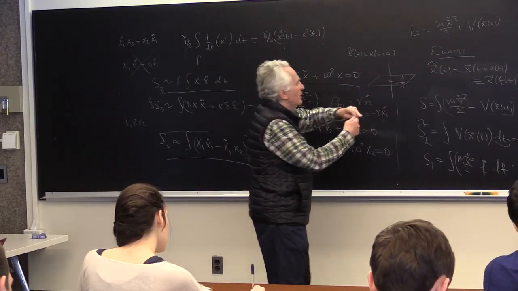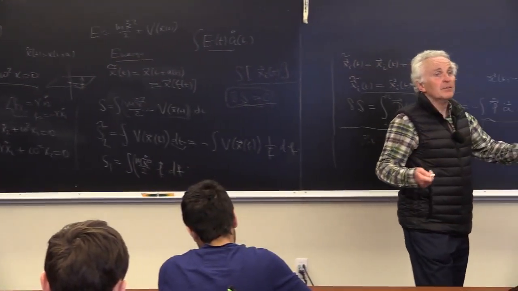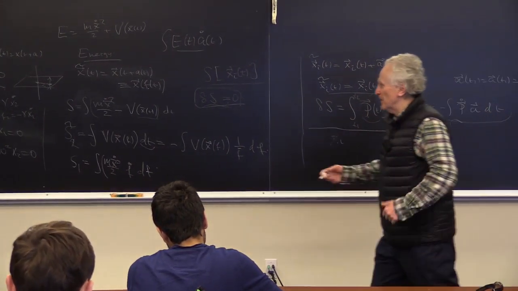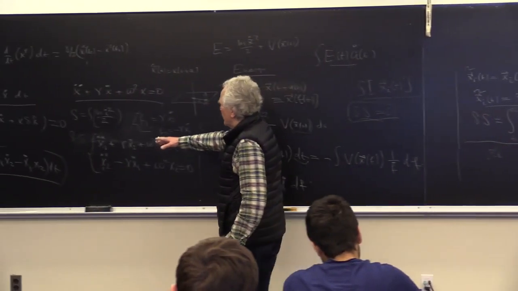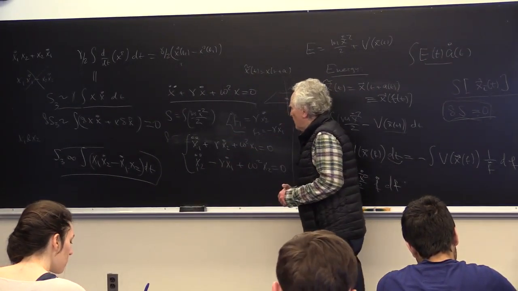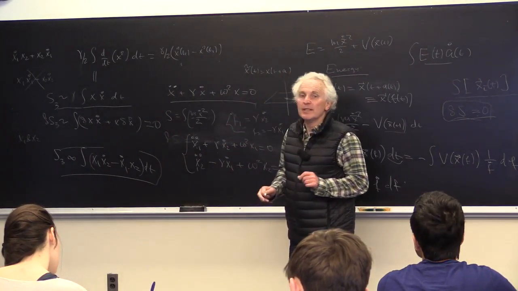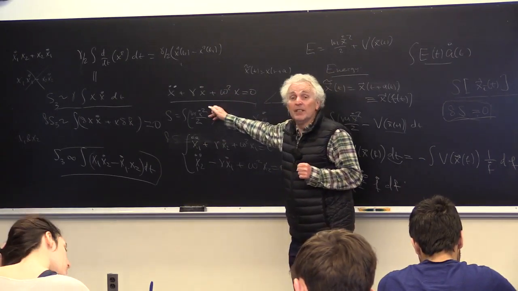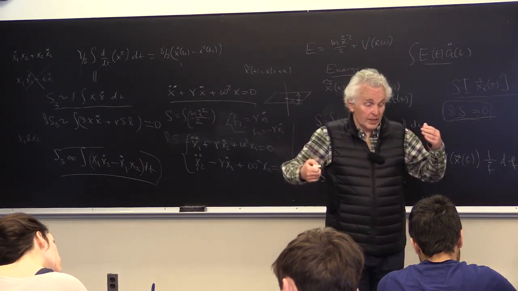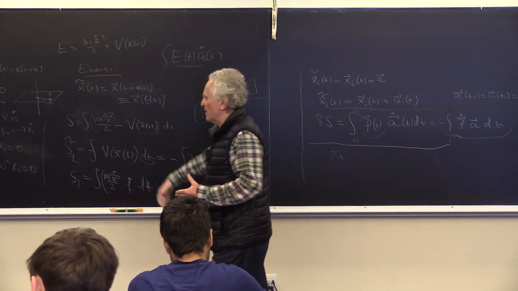The force is perpendicular to the velocity, and as a result it cannot generate work. That's why energy is conserved. So although it is a first order time derivative, it has a completely different meaning than friction. Friction forces really do work. The Lorentz forces don't.